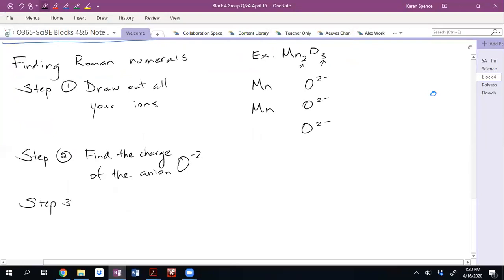Step 3, you're going to add up all the negative charge and find the total. So you go 2 negative, 2 negative, 2 negative gives us 6 negative.